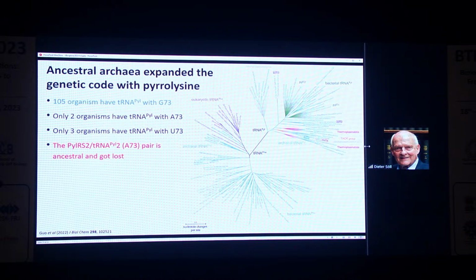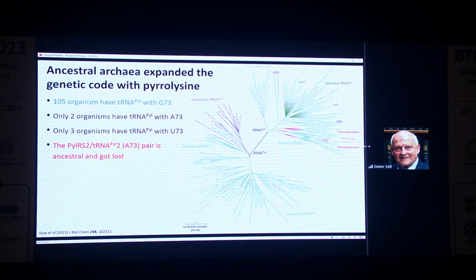So we asked Kuhnen, can we find out, is tRNA-Pyl 1 or tRNA-Pyl 2 older, ancestral? And it turns out that tRNA-Pyl 2, this pair, is the ancestral one and got lost.